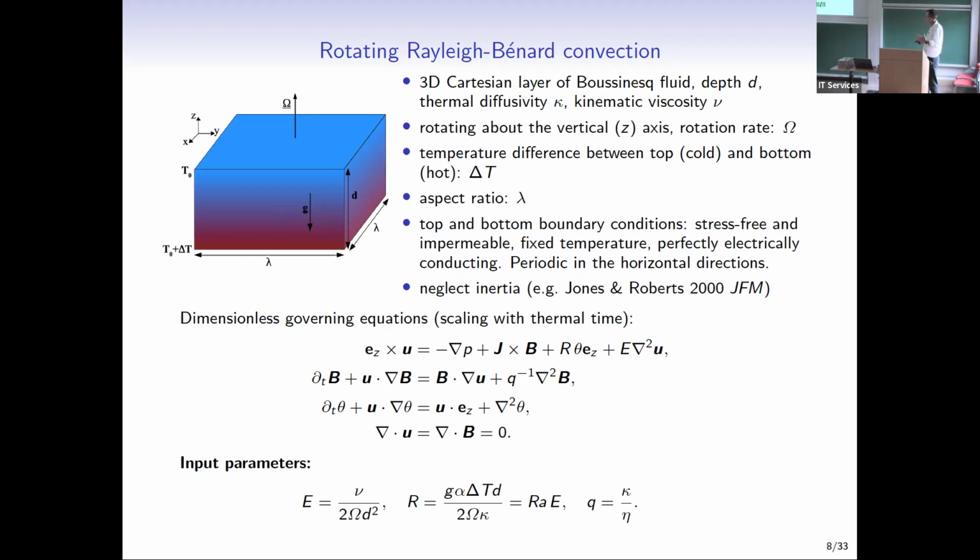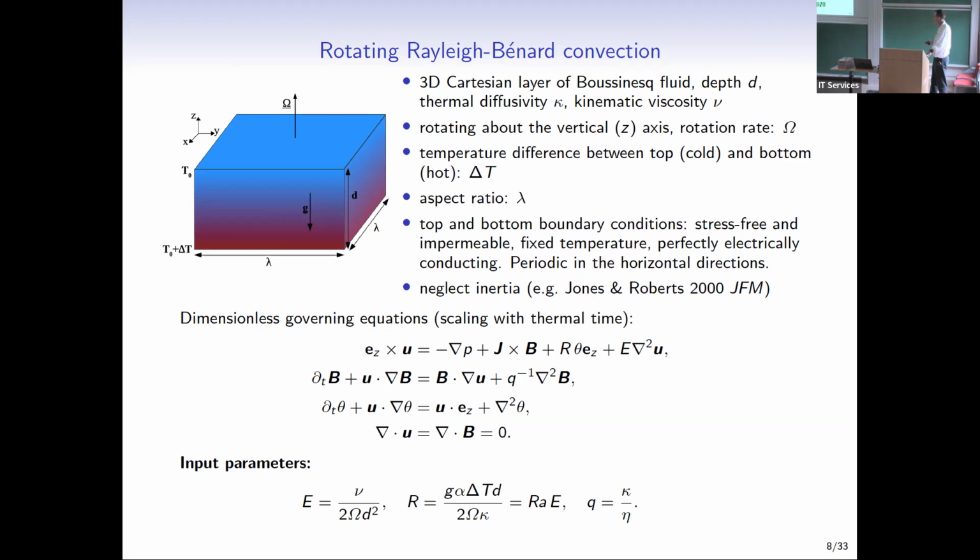In terms of how you'd solve them, of course, you can only advance the magnetic field equation and the temperature equation, and you have to solve for the velocity. Okay, but you don't have Taylor constraint or anything because you have this term, so you can do that. So the input parameters, there's the Ekman number.